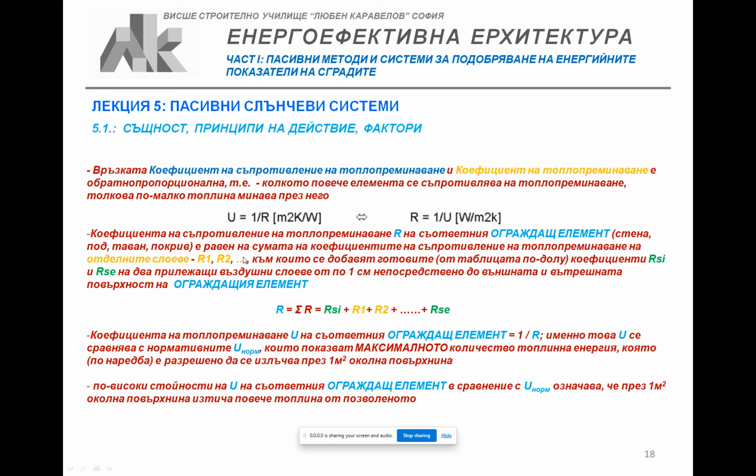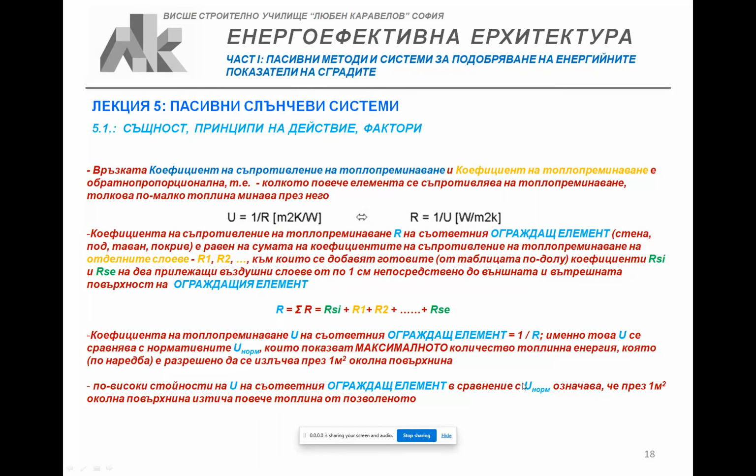Since it was already mentioned that the solid elements in the buildings are layered elements, the warmth passing resistance coefficient of each single layer is calculated, then they're summed, and the sum after that is reversed to have the coefficient of thermal passing of the element, and it's compared with the normative requirements.